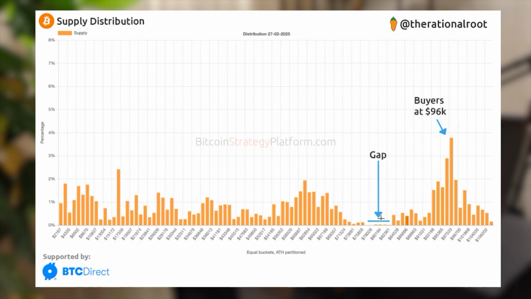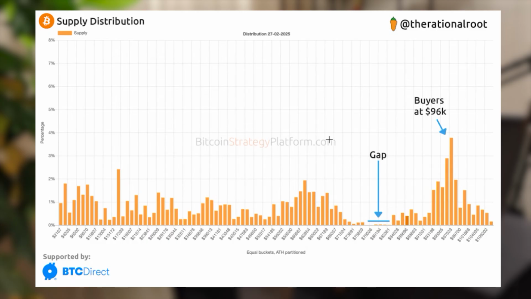If we now look at the recent downtrend, this is just a couple of days difference. This was right before the crash, and now this gap is narrowing down, and it's filling up. Some of these buyers at the higher level, which was a little bit top heavy here, are now in this zone, and we get a more spread out market.